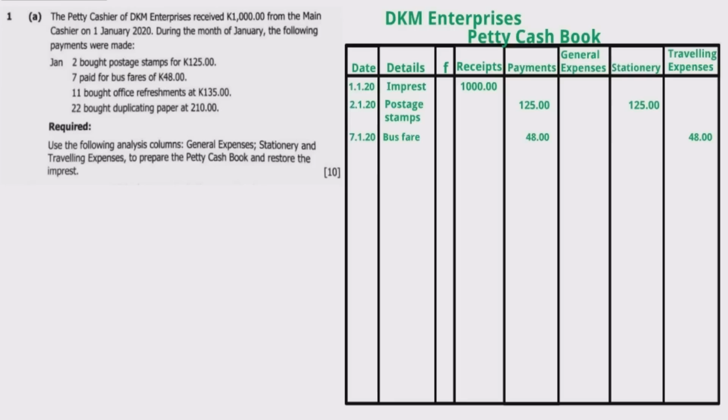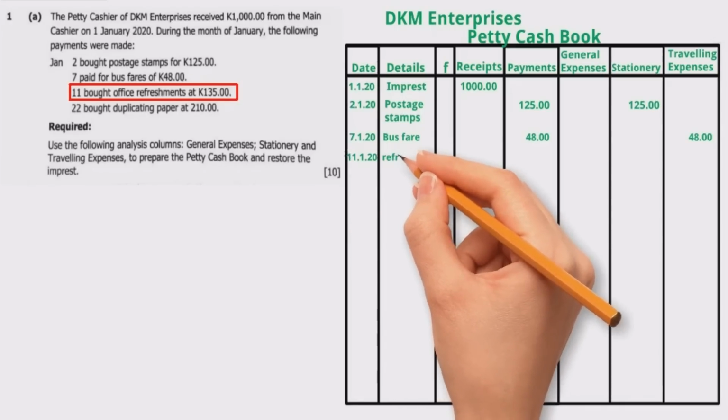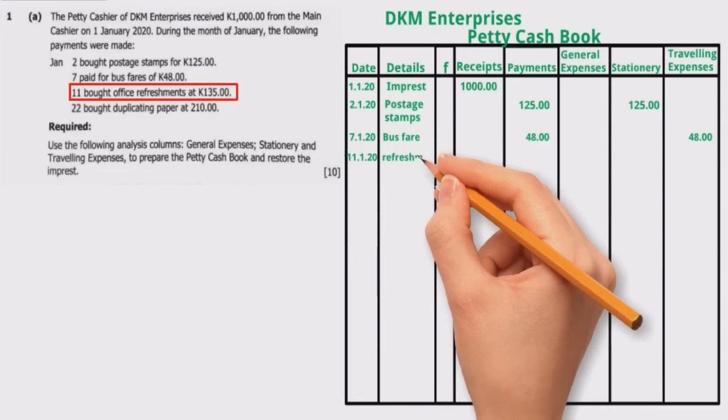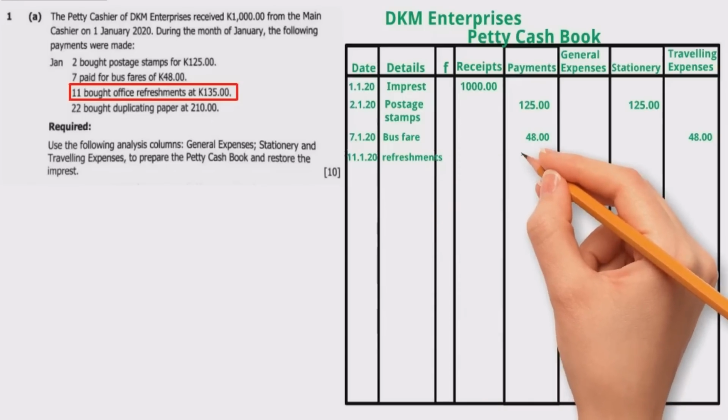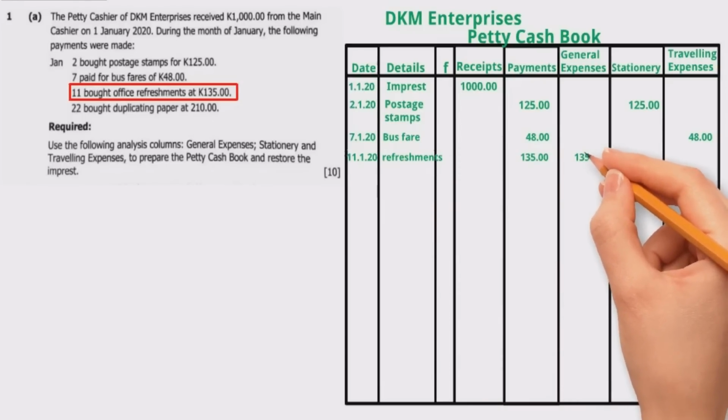Then on 11th January, bought office refreshment at 135 kwacha. So we write refreshments, and that is payment. It's not traveling expenses. It's not stationery expenses. So it will be under general expenses.